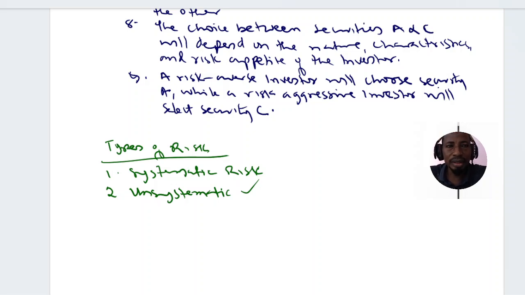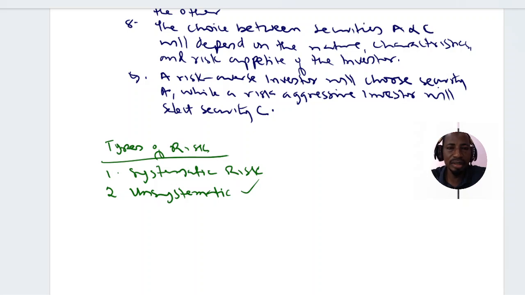The systematic risk is also known as non-specific, general, market-imposed, unavoidable, and non-diversifiable risk. The systematic risk is a type of risk that affects all the companies or industries in the economy.